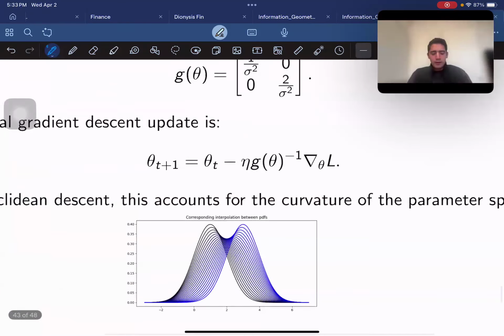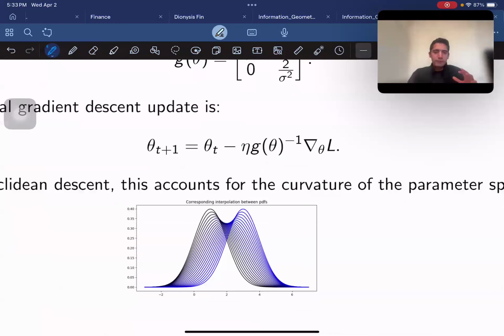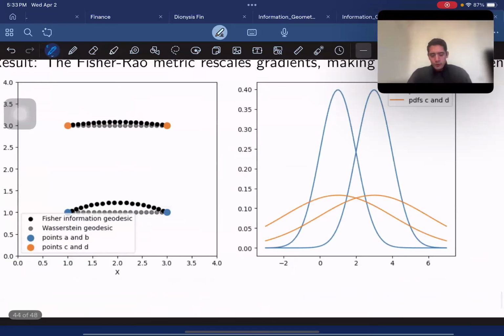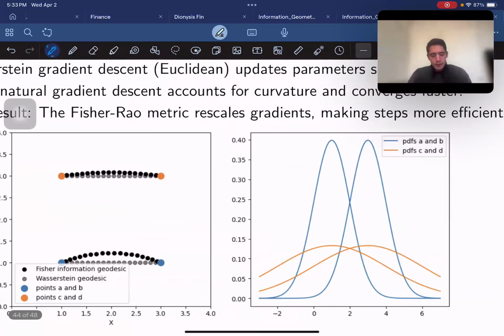But if we consider the geometry, which would essentially go through the distributions in the meantime that have larger variance, they would converge much faster. So this was the whole session one.